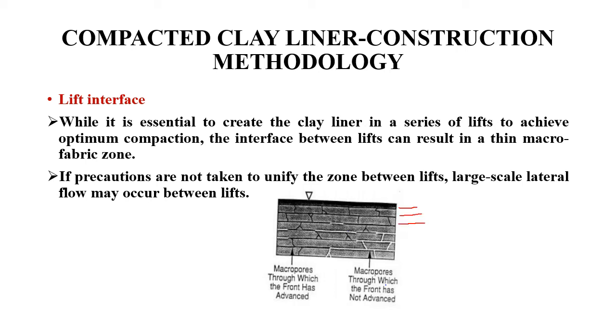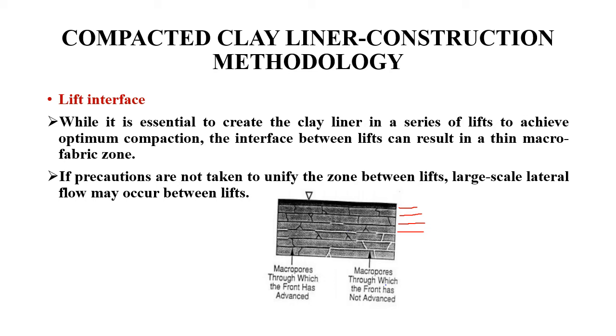These horizontal lines which I am drawing represent the interface between two lifts of soil. Sometimes the lift interface, that is the interface between the underlying and overlying clay material, will have macro fabric.